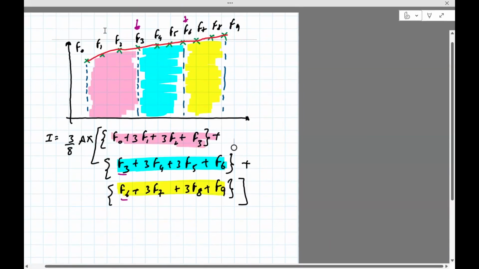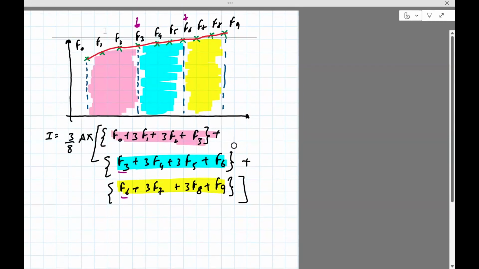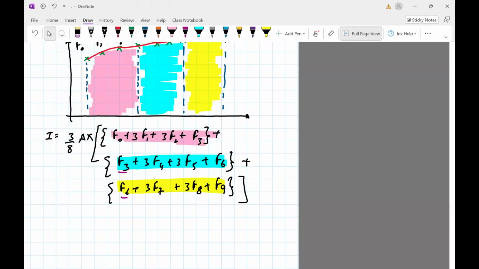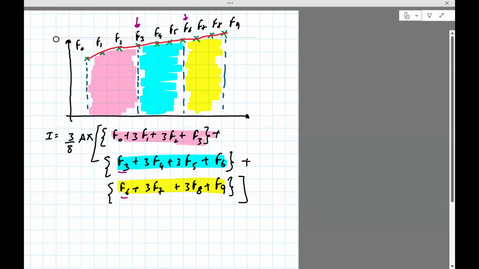Okay, before we move on and try to sum that up, remember one thing. If I put a 10th point, f10, I'll be stuck. I can't really use 2 points to integrate, and I can't fit a cubic now, right? If I put another point here, f10, f11, that will not work either, because now I have just 3 points.